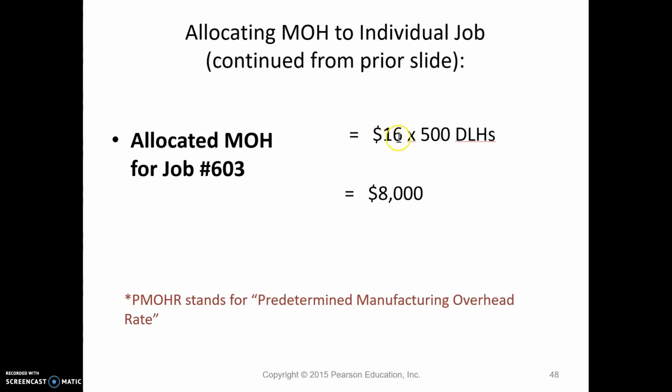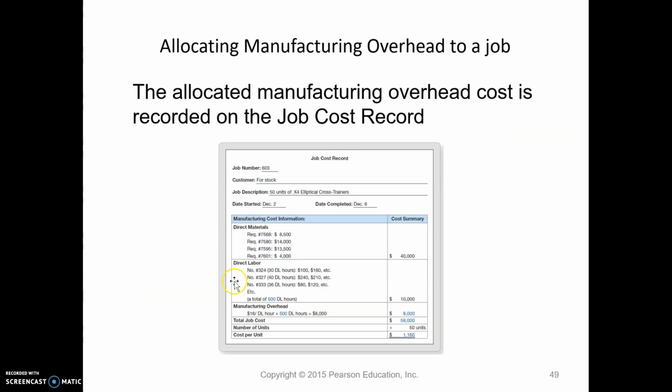So when we multiply the predetermined overhead rate by the 500 direct labor hours, we come to 8,000. So 8,000 of the manufacturing overhead is going to be allocated to job number 603. So that's what we'll show on the job cost record for job number 603.